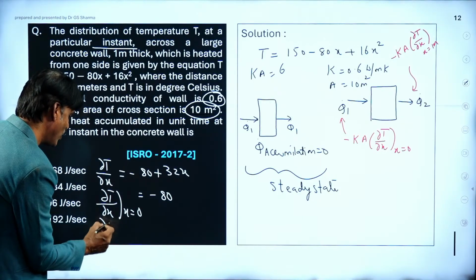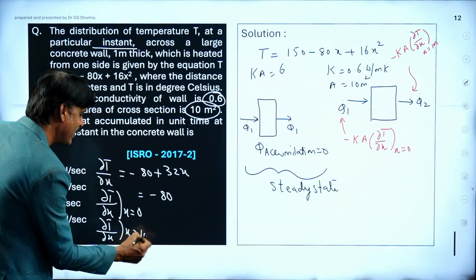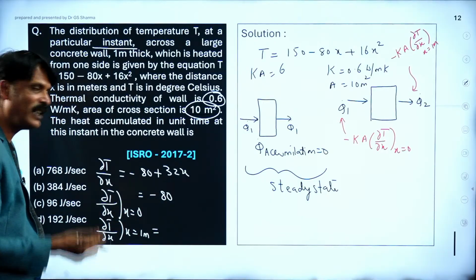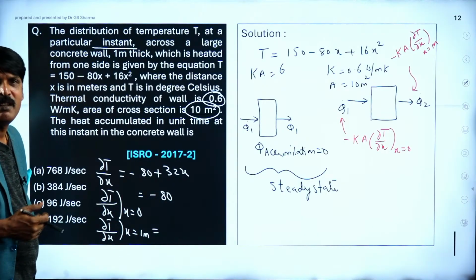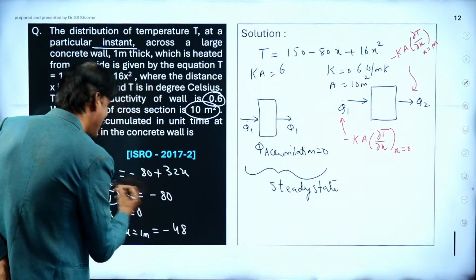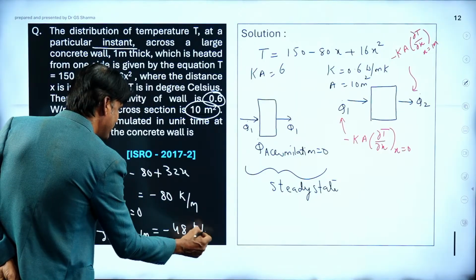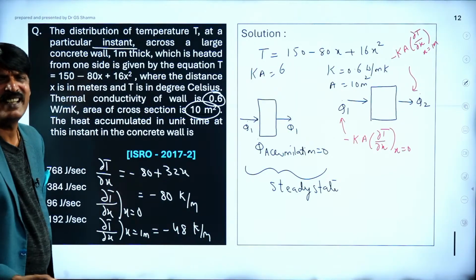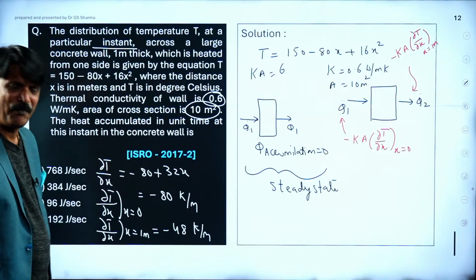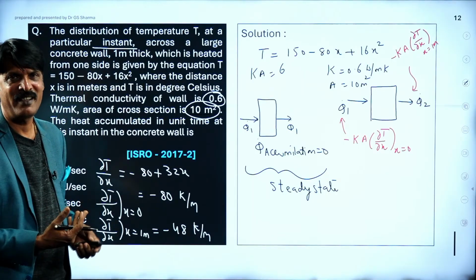Suppose dou T by dou X at X equal to 1 meter, this value is minus 80 plus 32 into 1 minus another 2, so minus 48. Its units are Kelvin per meter, or degree centigrade per meter, because differential temperature expressed in Kelvin or centigrade is the same. So that should not be a hindrance for you to ask why I am not converting centigrade into Kelvin.